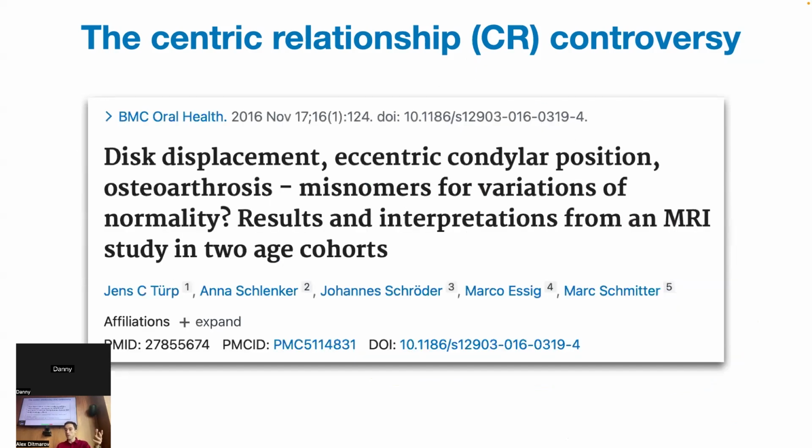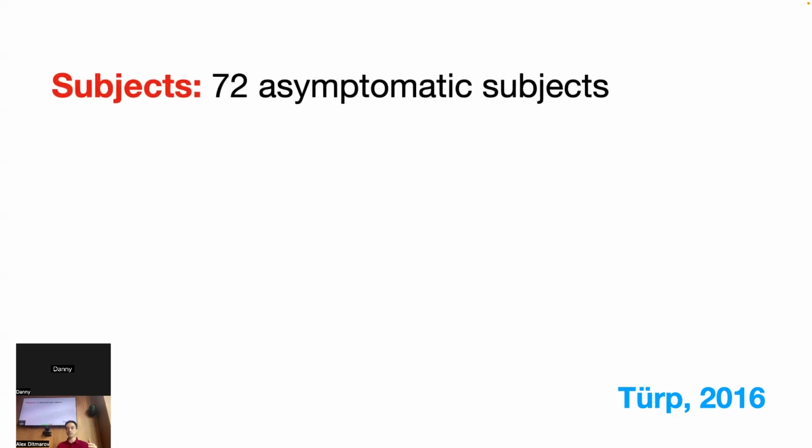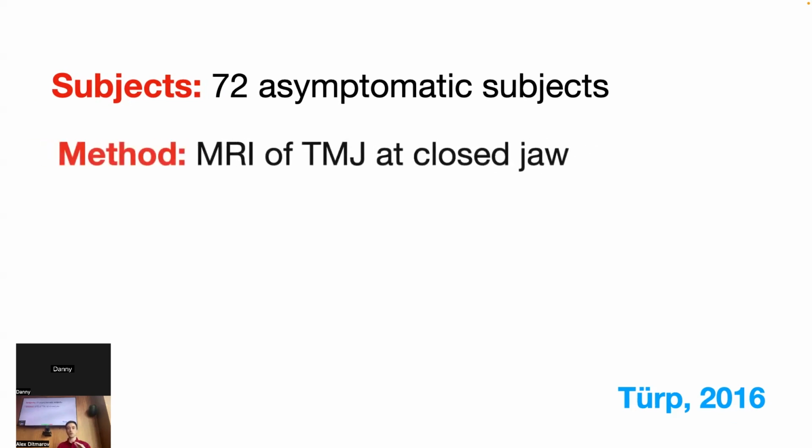So when it came about, we started to have studies, right? Researchers started to produce studies. Like this study, which is done with MRI technology. This study comes from Germany. This is a study by Chirp. And again, I think Danny will talk about this study in great detail, but I will just touch the surface now. So the researchers looked at 72 asymptomatic subjects, no TMD issues.